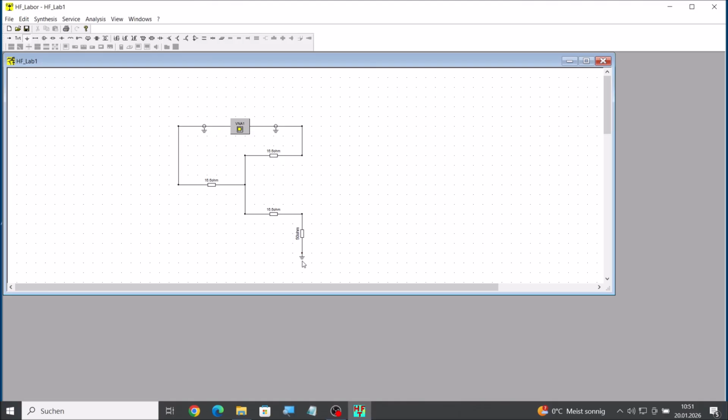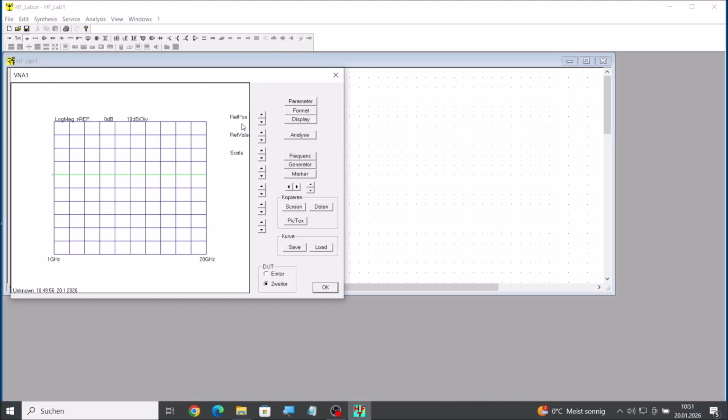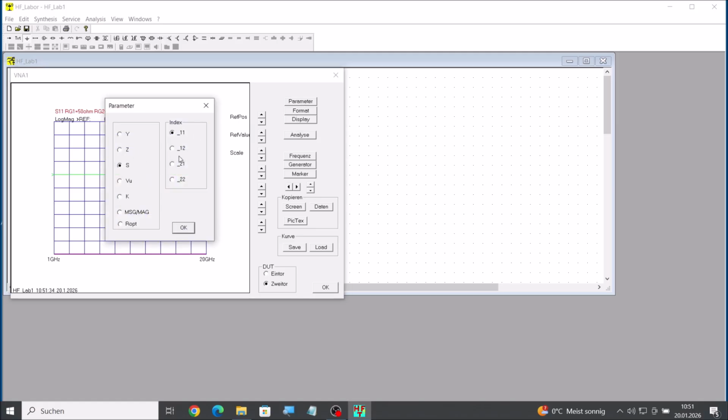And now we are also able to do the analysis of our resistive power divider. If I do the analysis, of course, S11 will have a 0 value, which would account for minus infinite dB, but we are more interested in the transmission factor, so for example S21.